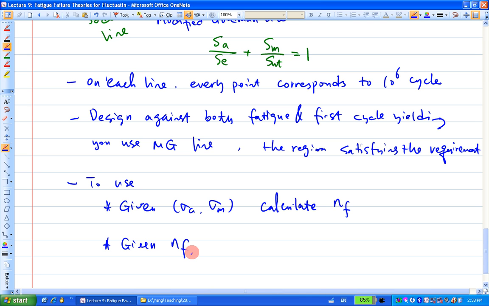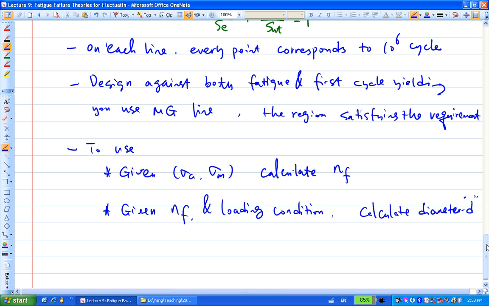You're given NF and the loading condition, and then what you would probably do is calculate the diameter D of the shaft. Now, you might wonder how do I see the D? Where's the formula for the D? I'm going to give a summary regarding those formulas for the D in the near future. But today maybe we'll practice this one.